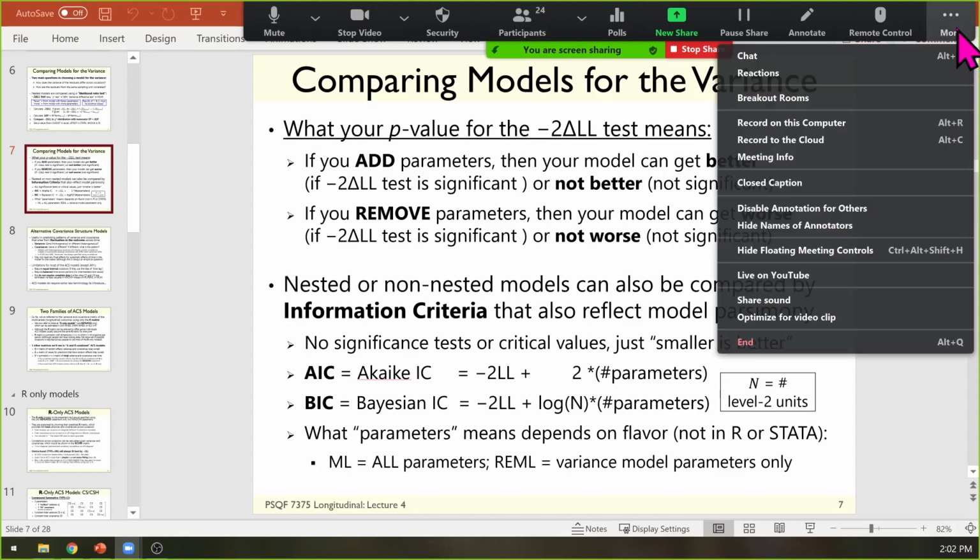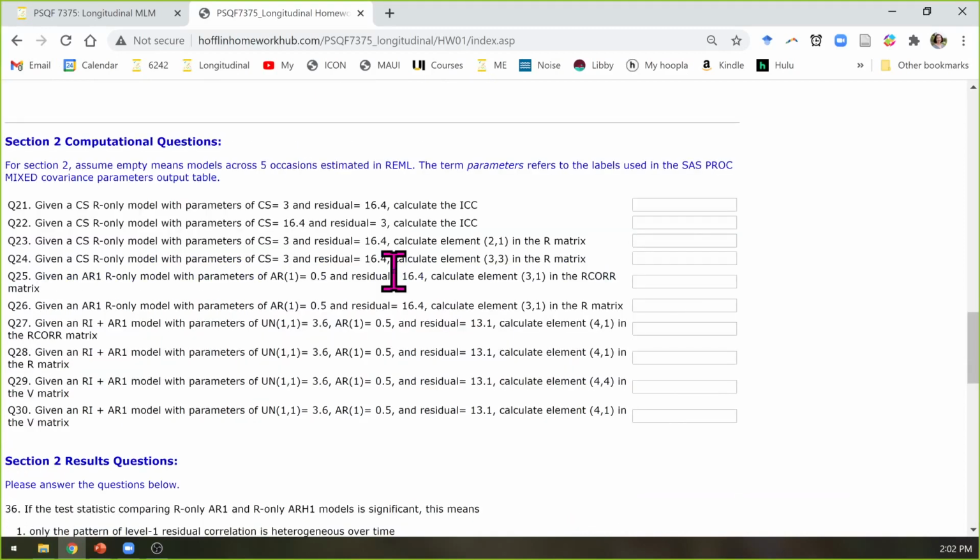I got 25, and then 26 is where we start to calculate pieces of the R, R core, V, etc. So maybe just a review of switching back and forth from R core to R. I thought I understood, but when I got to 26, I was wrong. So maybe I don't understand.